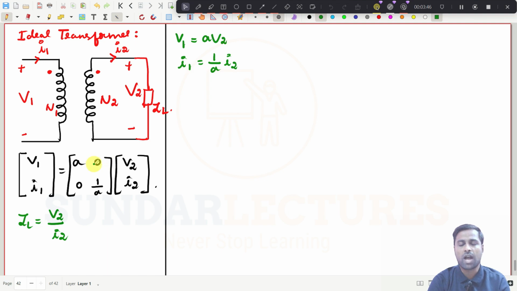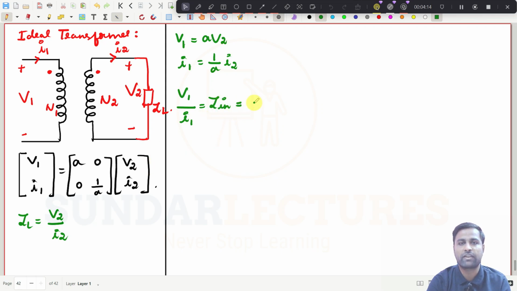Now I try to find the input impedance, that means the primary side impedance, which is the impedance seen from the input side. Here we have V1 and here I1, so we divide V1 by I1 and write this as the input side or primary side impedance.